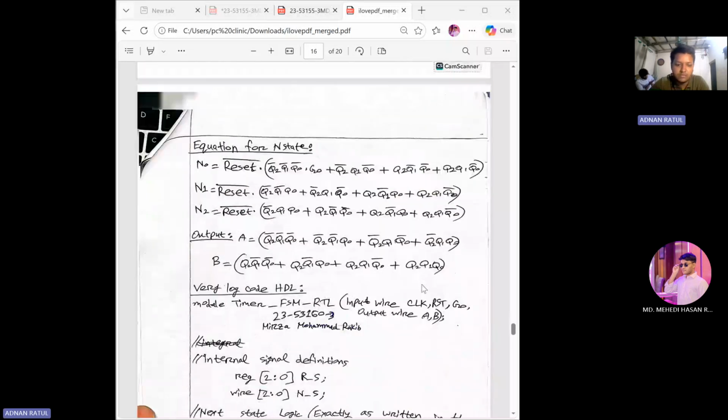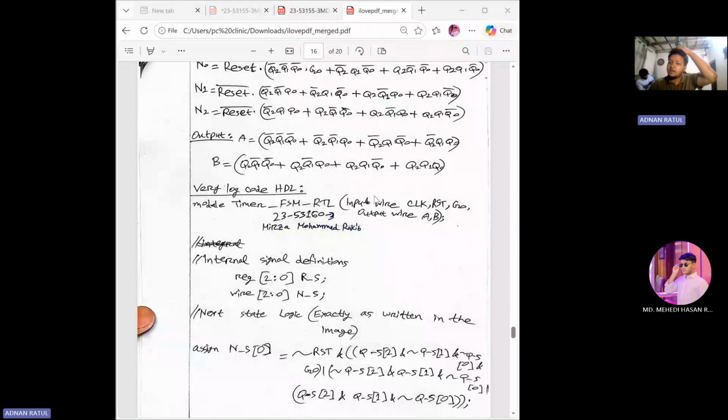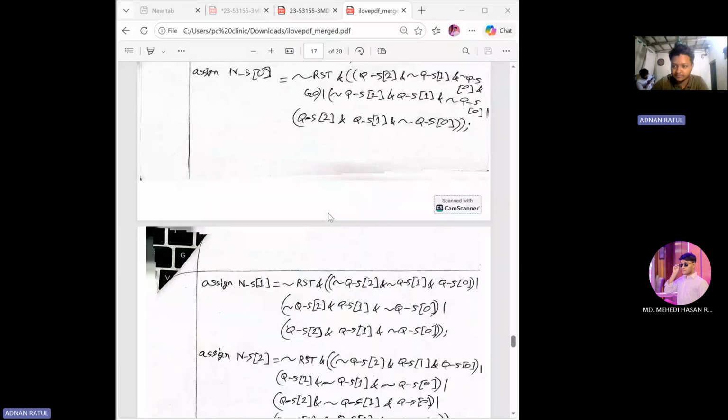Then I will describe the Verilog HDL code. For the Verilog HDL code, I wrote the RTL implementation of the FSM in a module named timer FSM RTL. The module has three inputs: CLK for the clock, RST for synchronous reset, and go.